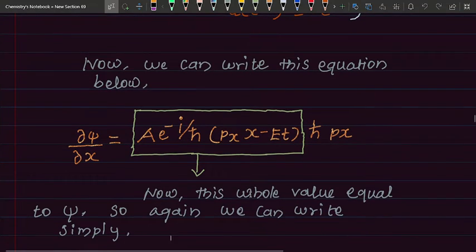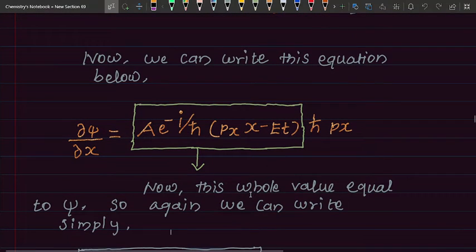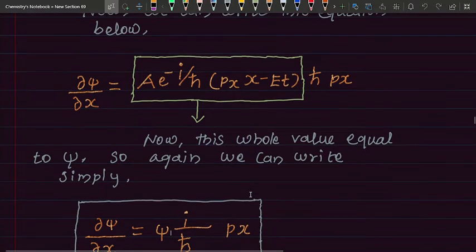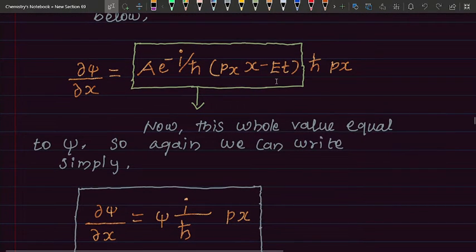So dou psi by dou x equals i by h cut px times A e power i by h cut (px x minus Et). Now see carefully: this whole value equals psi.